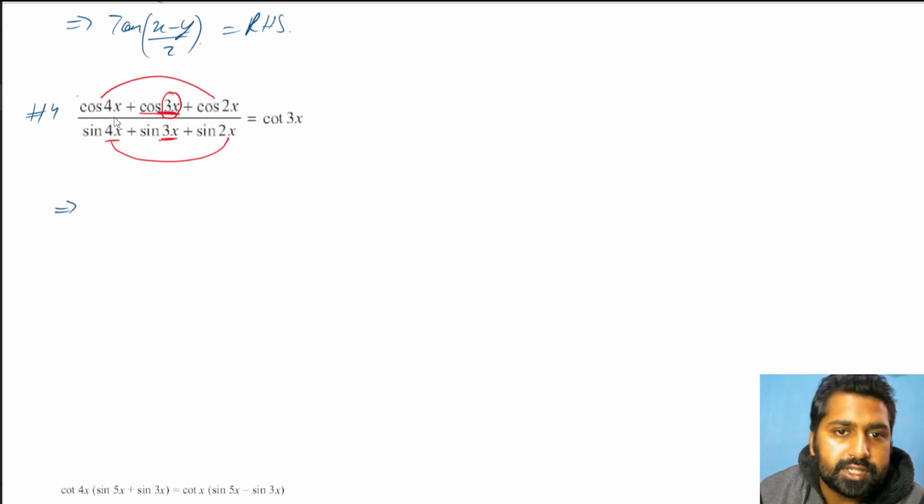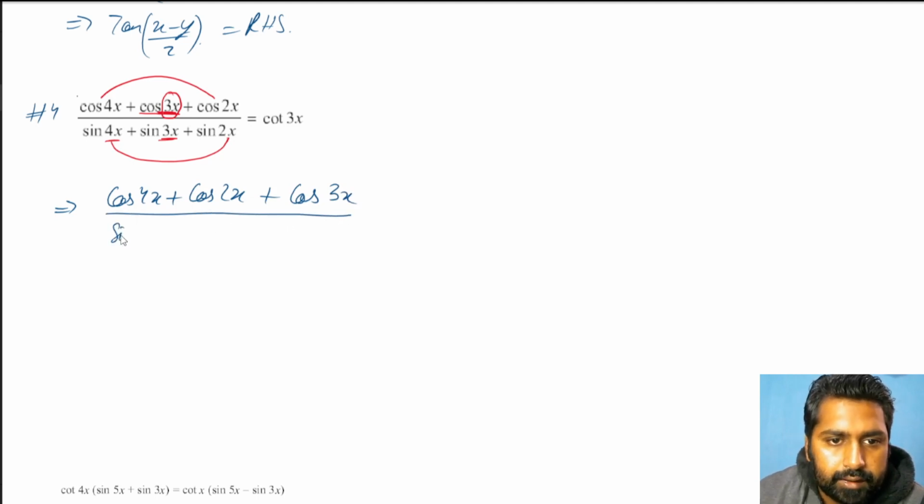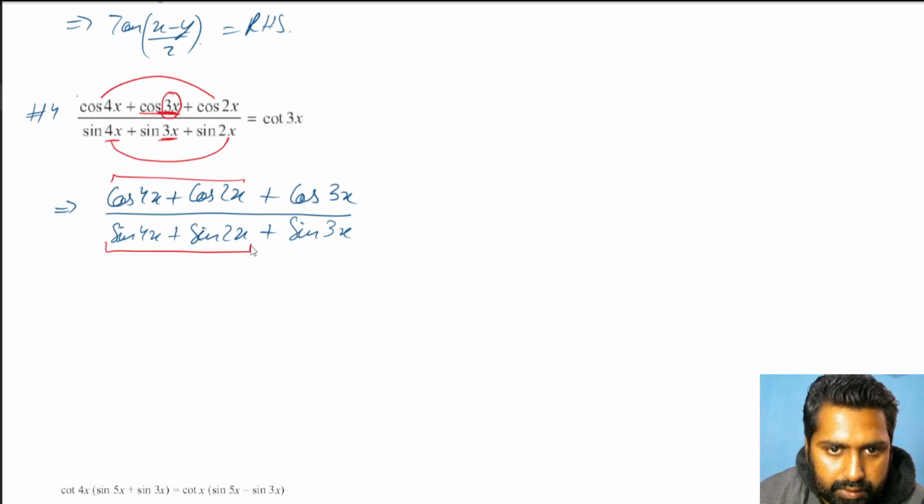So I'm applying on first and last. Basically cos 4x, I'm rearranging the terms, cos 2x plus cos 3x. All right, sine 4x, sine 2x, sine 3x. Now apply on the first two here. Let's apply the property and see what is generated.